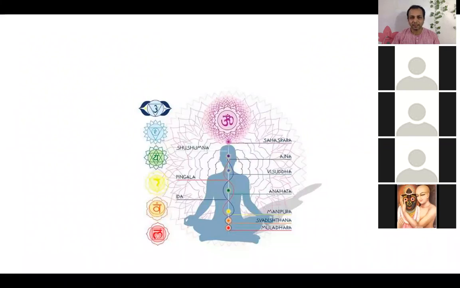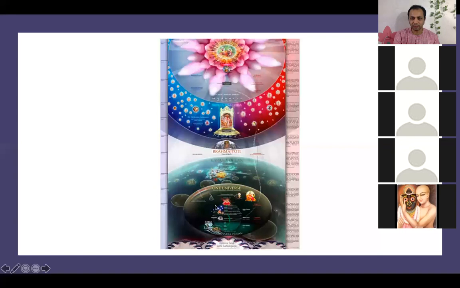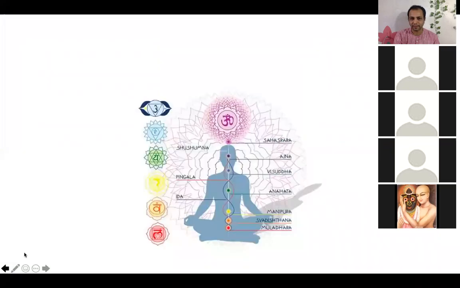So these 7 chakras that we have correspond to the different levels of the universe, different planetary systems within our universe.